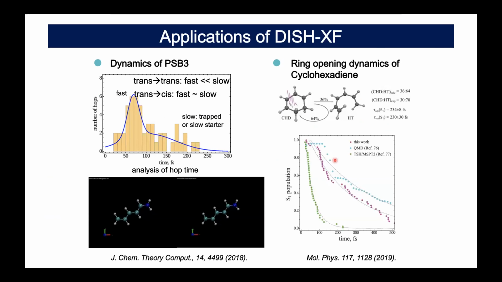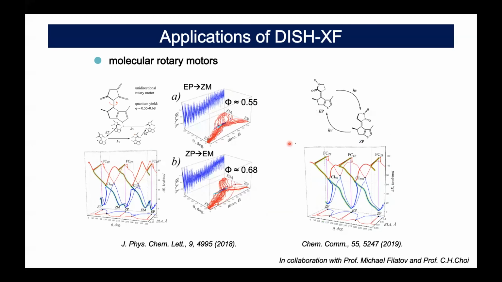So we can do more realistic calculations. This one is in collaboration with Michael, on the PSB3 molecule, and we apply this dynamics algorithm to this simple molecule, and also to the ring opening of cyclohexadiene, as Massimo Olivucci introduced.